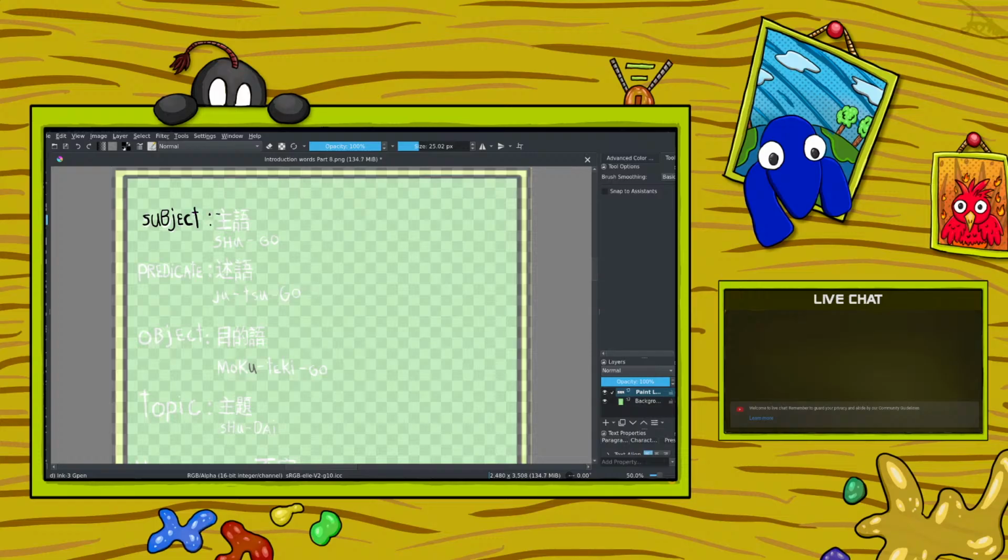Which is then of course stripe 1, stripe 2, stripe 3, stripe 4, stripe 5. 1, 2, 1, 1. Which is then of course Shugo.